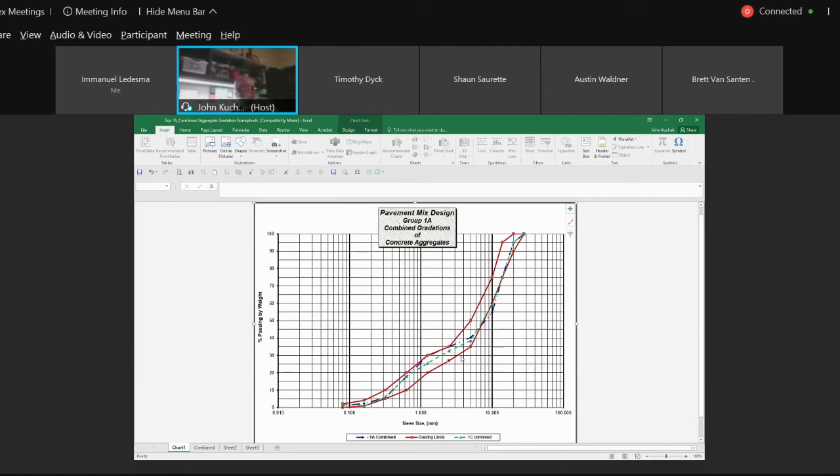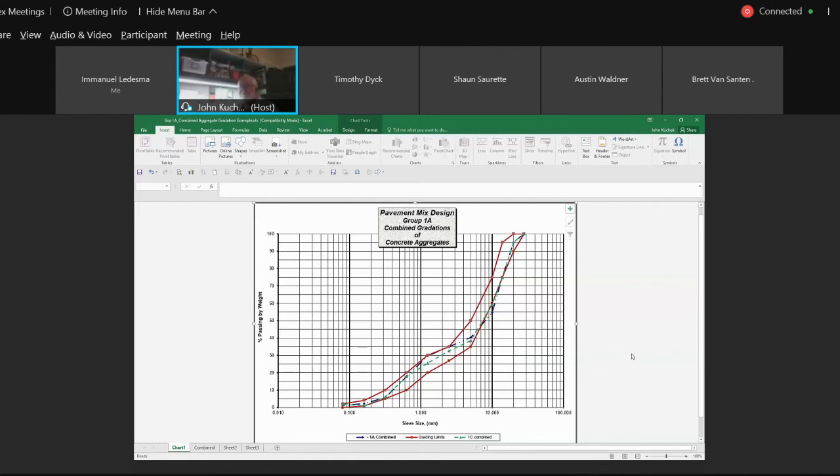Our aggregates may be out of spec a bit, but maybe the concrete industry has to do what the asphalt industry does. Those of you that have worked with asphalt, I've blended sometimes 5 aggregates for asphalt to make a blended mix. In fact, on one job, they contracted to bring in an extra bin to his plant because there was a 5-bin mix instead of a 4-bin mix.